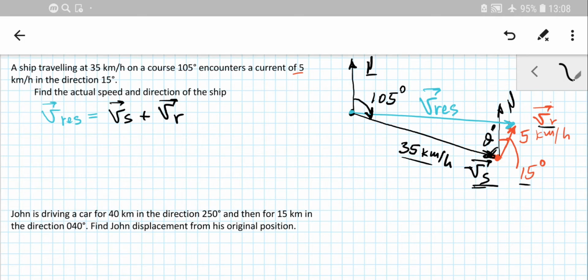Okay, so how to determine it? We've got the north direction. Basically, if you prolong, we've got 2 parallel lines, right? Because the north direction is represented by 2 parallel lines that go through 2 points over there. And the vector Vs is the second line, it goes that way.